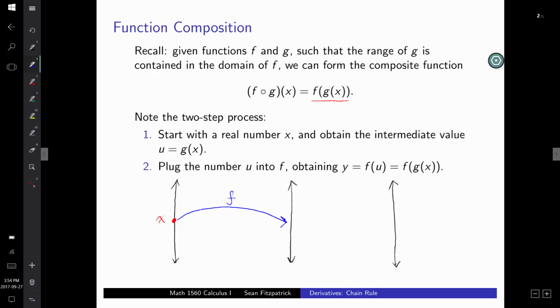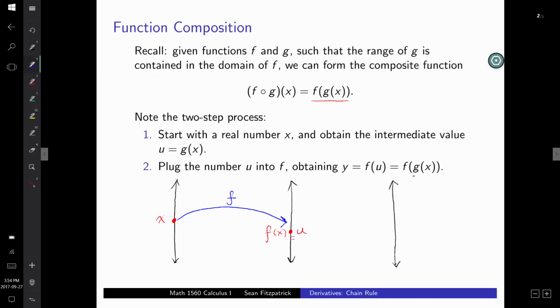So you apply the function f, and f takes that number x and assigns it to a new number. That new number is u. Somewhere here we have u, and of course u is the same thing as f of x, so f of x equals u.